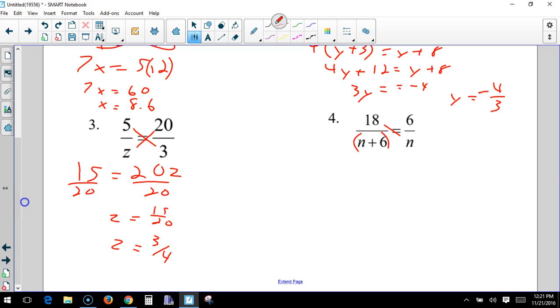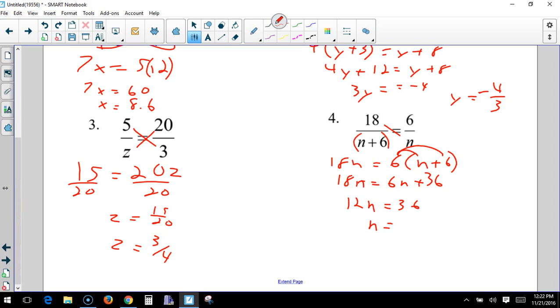Don't forget your parentheses, 18n. It doesn't matter which one's left, which one's right. 6, parentheses, n plus 6, parentheses. Now we distribute. 6n plus 36. I'm going to subtract 6n from both sides, which gives me 12n. And now we get 36 divided by 12, which is 3.